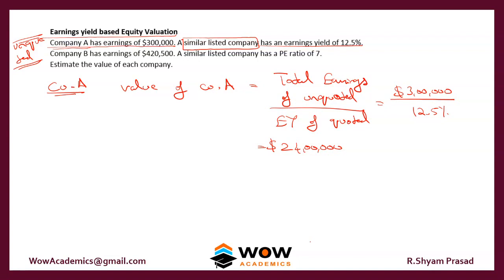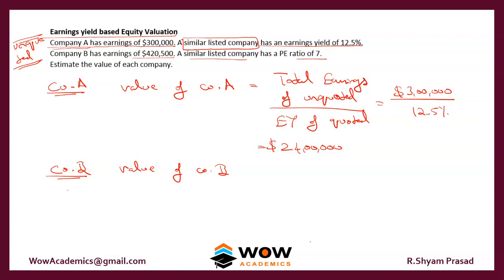So we have another company here that is called company B. So the value of company B. The company B has an earnings of 4,20,500, and a similar listed company has a PE ratio of 7. So how do we use a PE method to value? So to value using PE method, we'll have the formula.